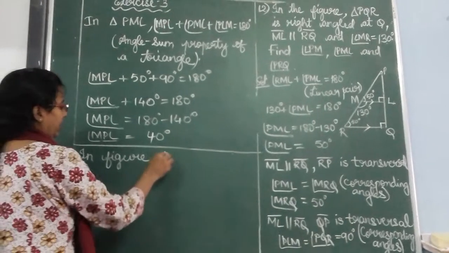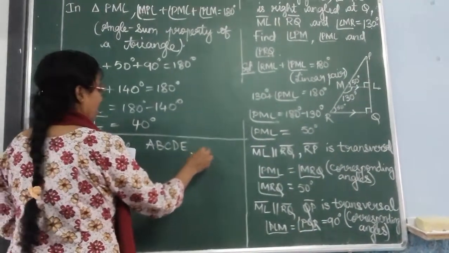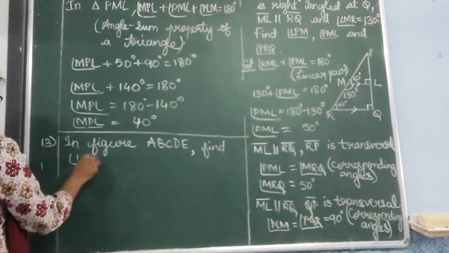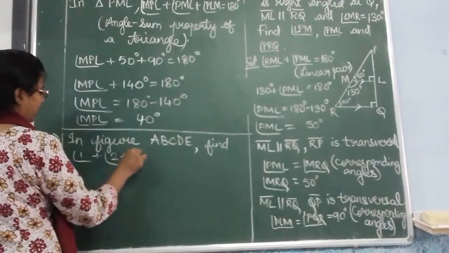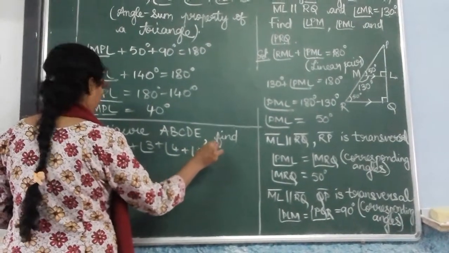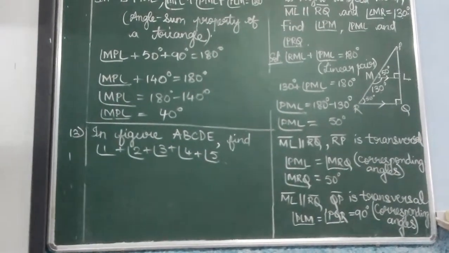In figure ABCDE, find angle 1 plus angle 2 plus angle 3 plus angle 4 plus angle 5. This is what you need to find out. They have given the diagram.